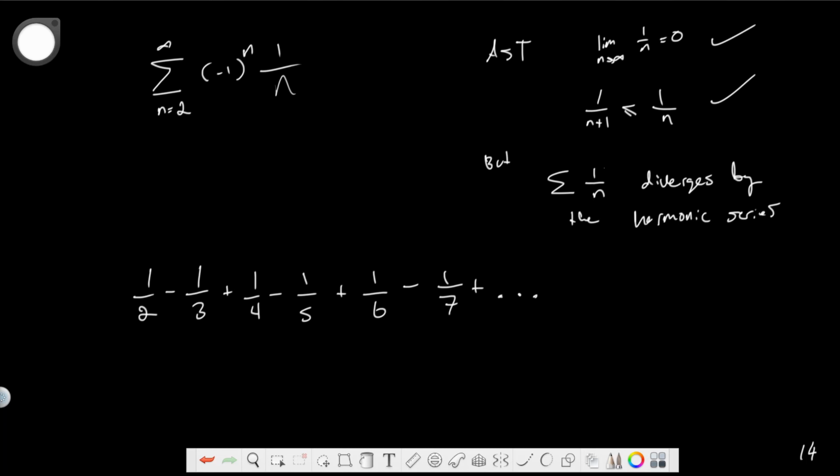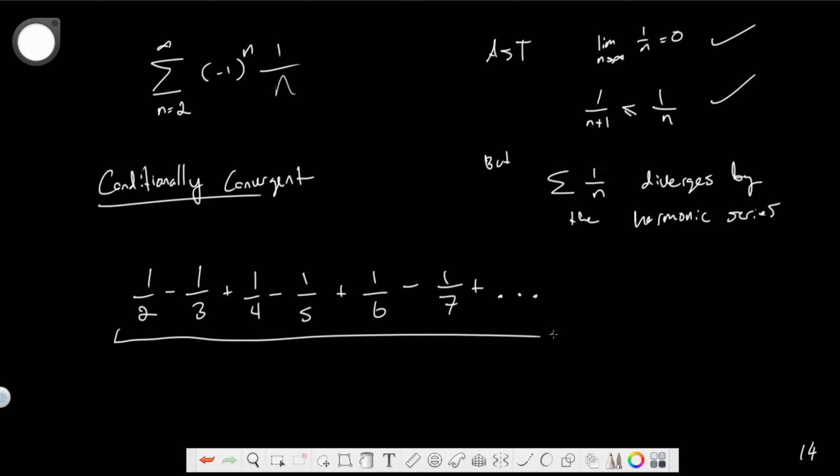Okay. This series is conditionally convergent. Riemann's rearrangement theorem says that I can make these numbers add up to whatever I want.